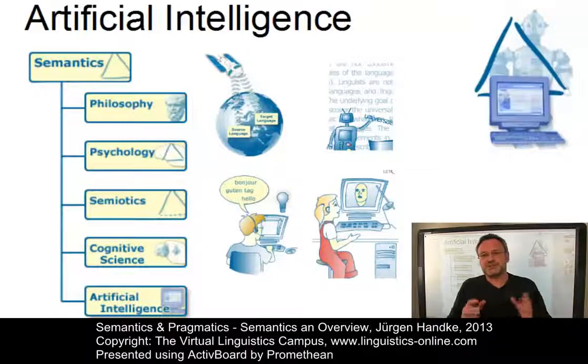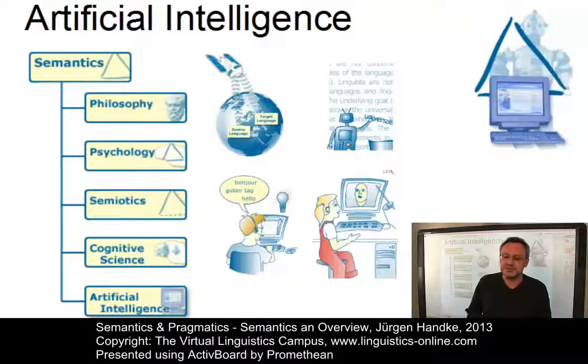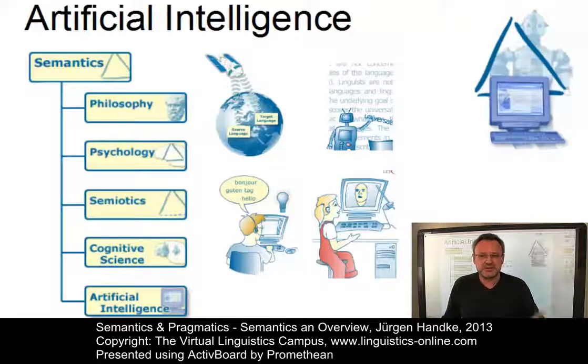In order to succeed in any of these, machines require knowledge about the meanings of words and how word meanings combine to form sentences. Besides such linguistic knowledge, they also need encyclopedic knowledge about the way the world works.